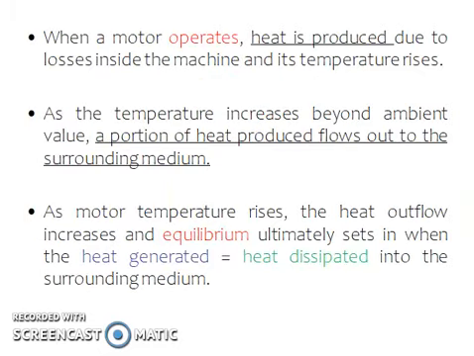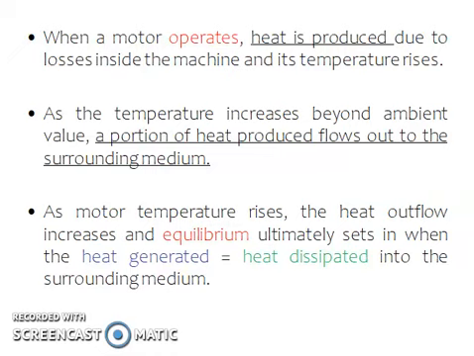When a motor operates, heat is produced due to the losses within the machine and its temperature rises. As the temperature increases beyond the surrounding temperature, or ambient temperature, a portion of heat produced flows out of the machine towards the surrounding medium.